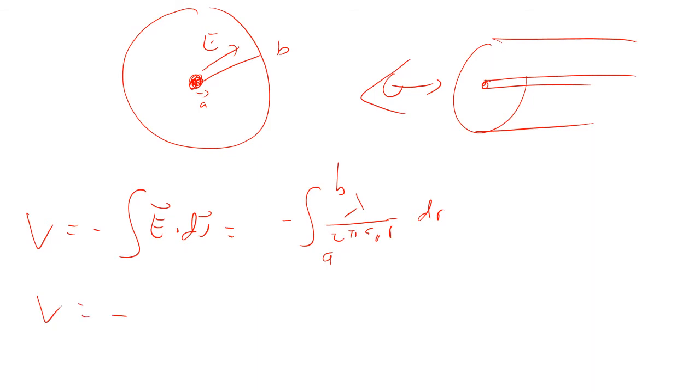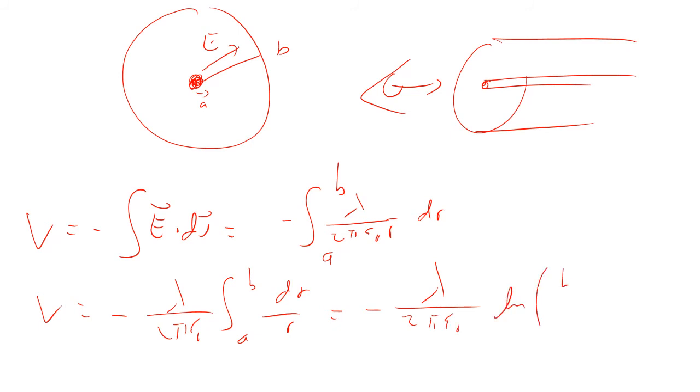This is minus lambda over 2 pi epsilon naught integral A to B of dr over r. So that's going to be equal to minus lambda over 2 pi epsilon naught natural log of B over A.